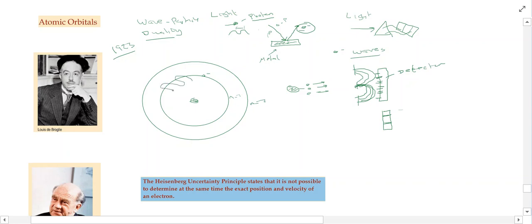So instead of it going around in these perfect circular orbits around the nucleus, the electron is kind of spreading out into this weird wave. It's spread out like this. And if you measure it, the whole wave function collapses and it turns back into an electron.